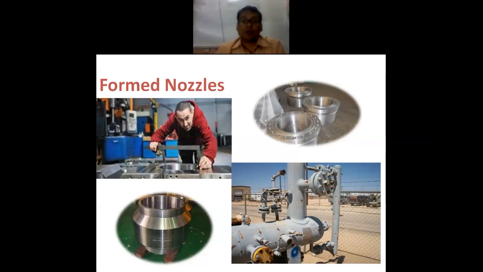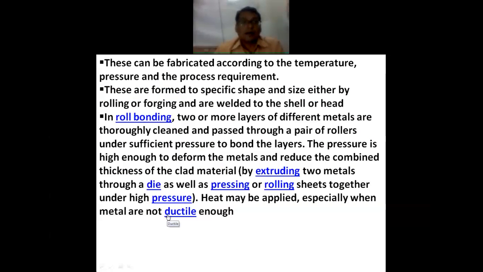Then there are the formed nozzles. Here generally the nozzle is one piece of one metal. This can be fabricated according to the temperature and pressure of the process requirement.